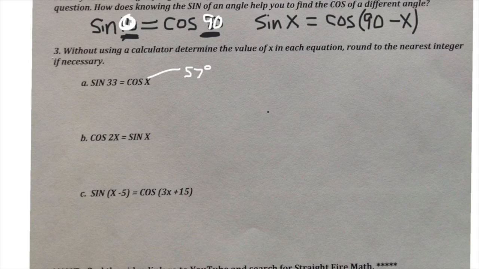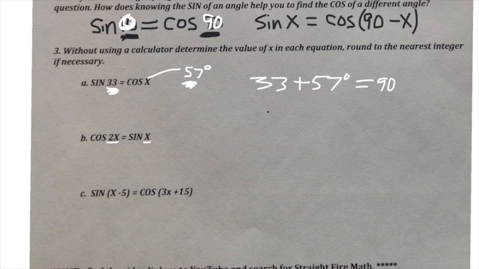Okay, let's look at B. What do we know about these two angles if the sine is equal to the cosine? Well, if the sine is equal to the cosine, the two angles together will always make 90 degrees.